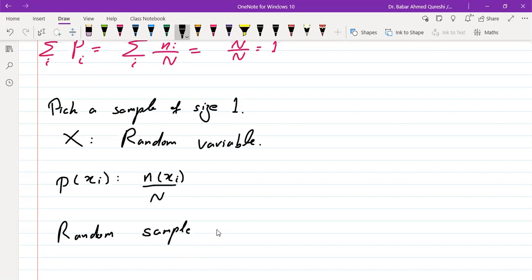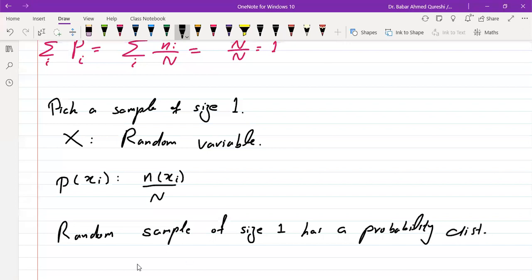So a random sample of size 1 has a probability distribution which is identical to the frequencies in the population.